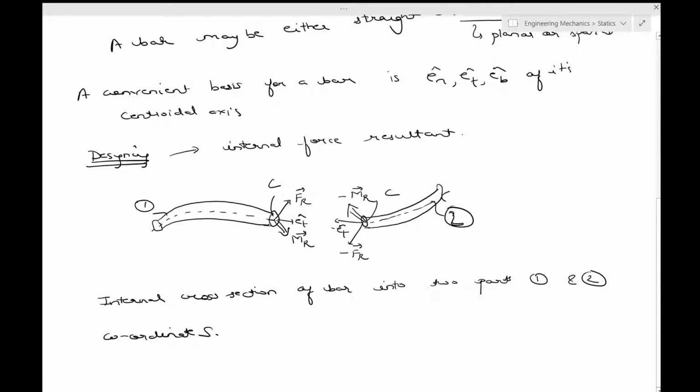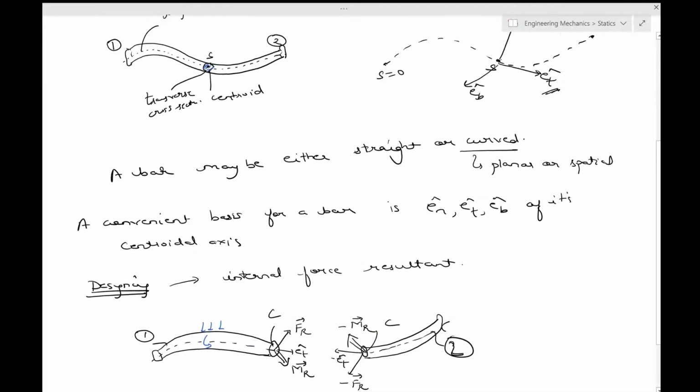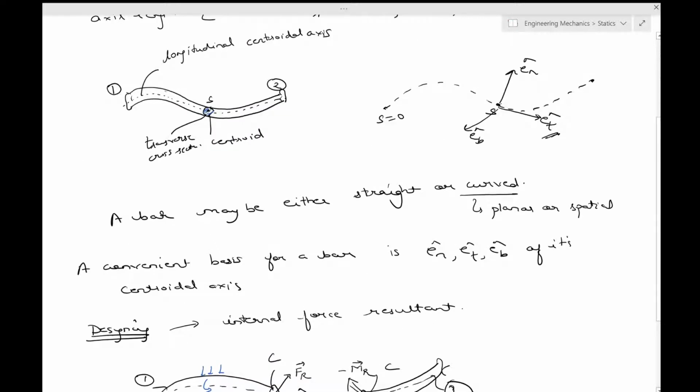Let me just use another ink for all this. Because we didn't really show the forces over here, I think I should do that. Then you have these forces like this, and this, and this.